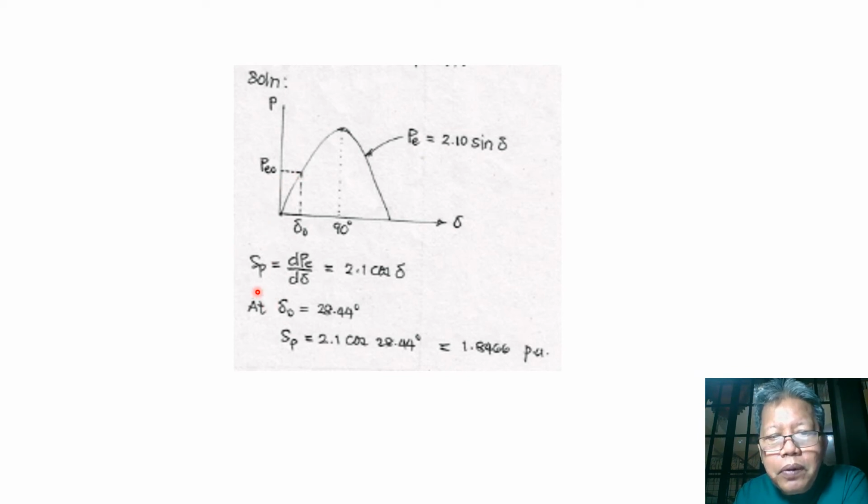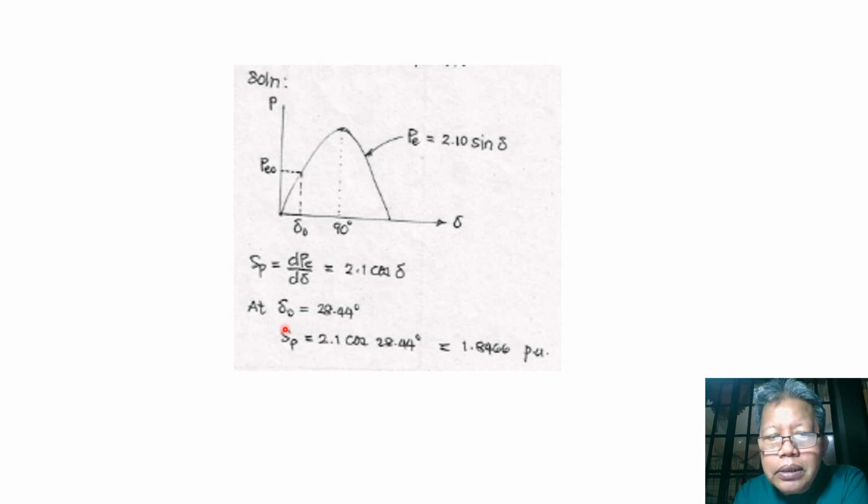So solving for our Sp, which is the derivative of our Pe. Taking the derivative of this is just equal to 2.1 times the derivative of sine, which is cosine delta.